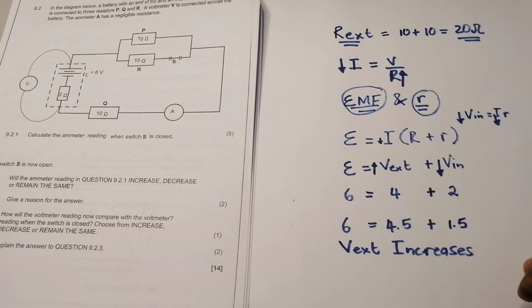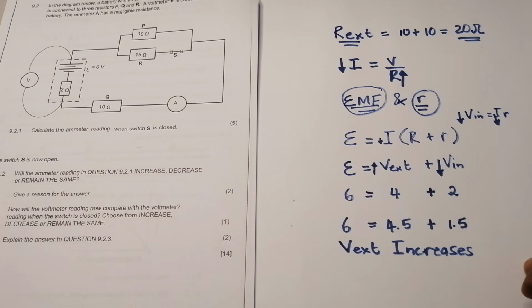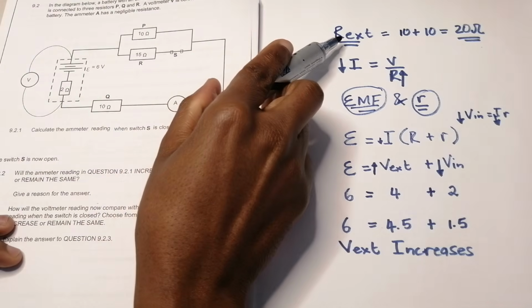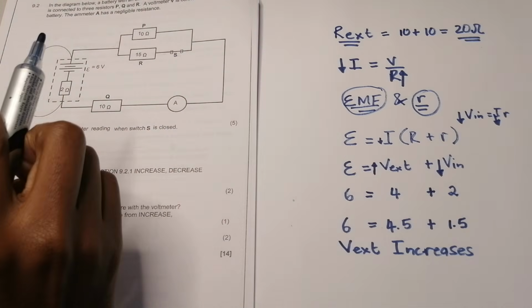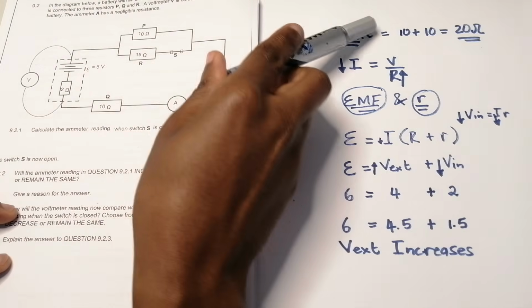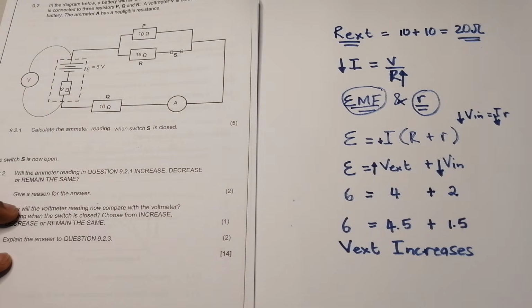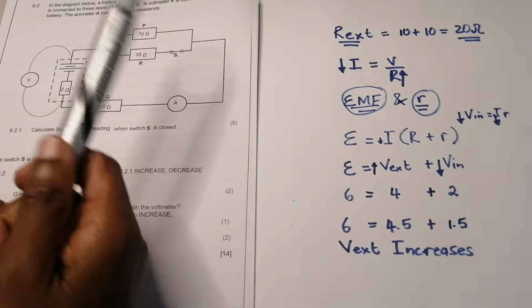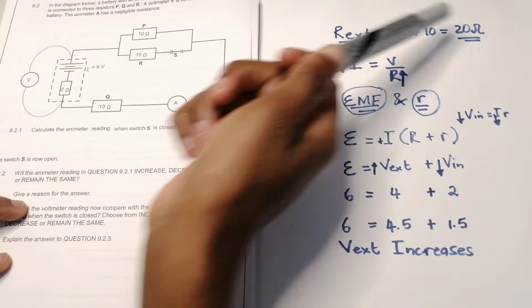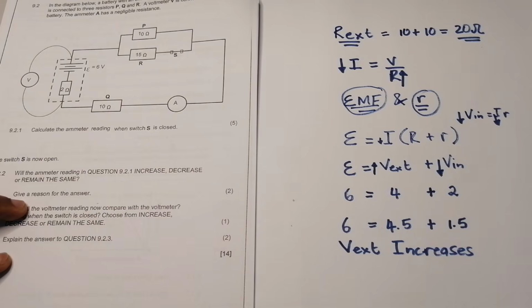Just keep in mind, when you want to know whether V external increases or decreases, a quick rule of thumb says: whatever happens to your R external, V external will follow. Meaning, if R external increases, like in this case, where R external increased from 16 to 20, then V external will also increase. That is how we'll answer questions where we've got switches.